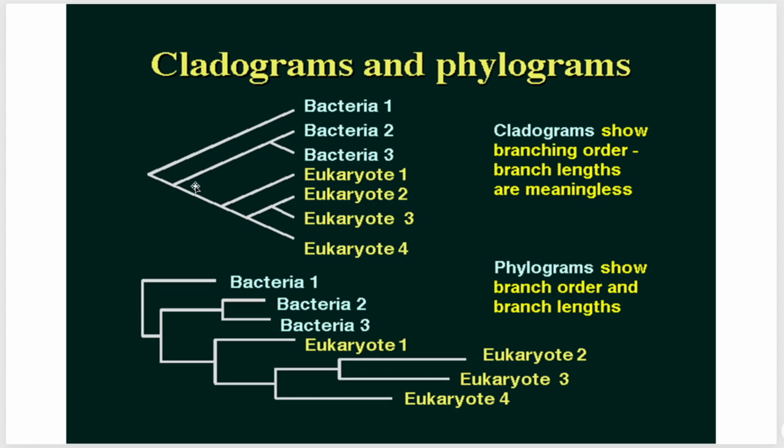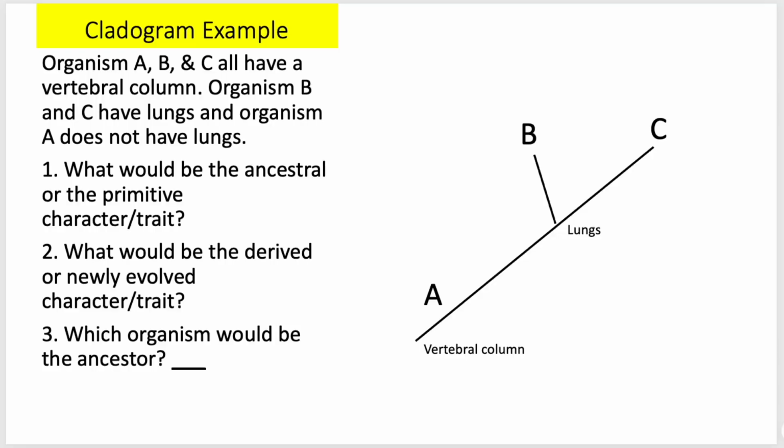Whereas a phylogram or a phylogenetic tree tries to represent the length of the branches to correlate to the evolutionary time, or the time that has passed. So for those, the lengths of the lines actually do matter. Whereas in a cladogram, it doesn't matter. It's just showing the relatedness without accounting for time.